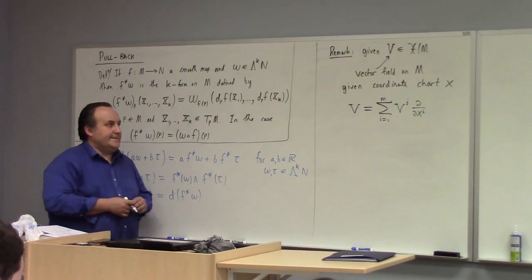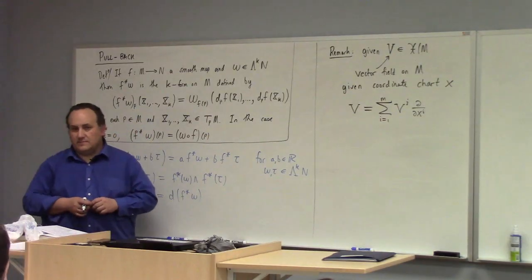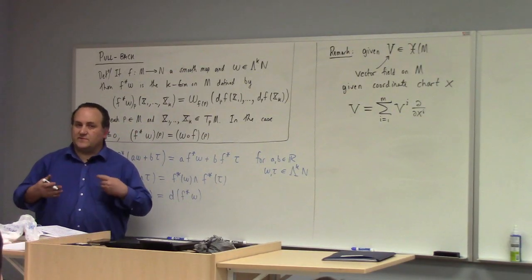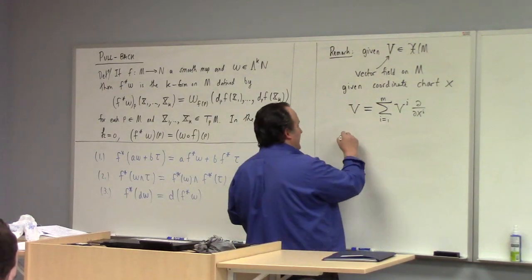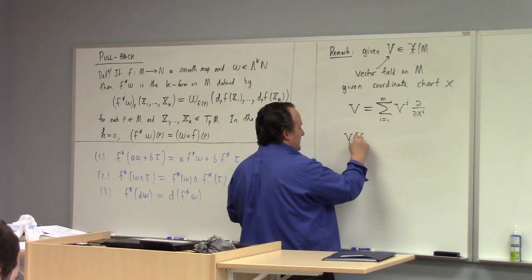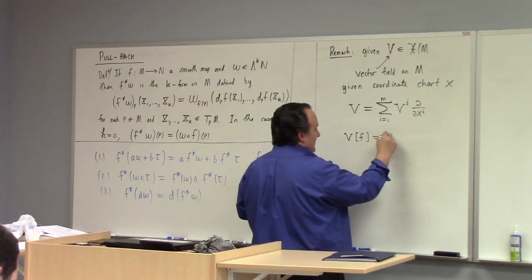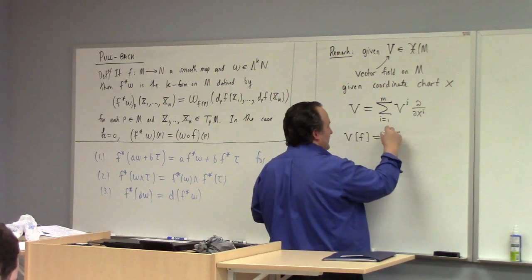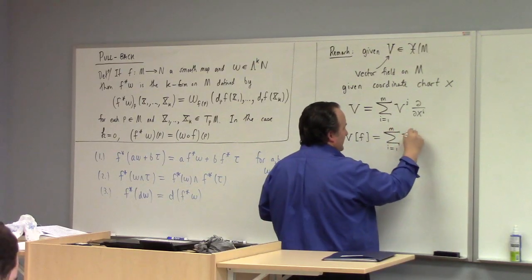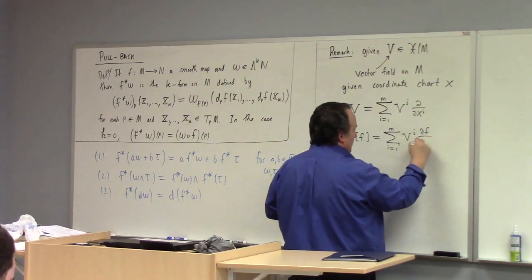How do you find V i? What's the procedure for calculating V i in this context? It's very simple. If we take V and act on a function, then by definition of operator addition, I get this.